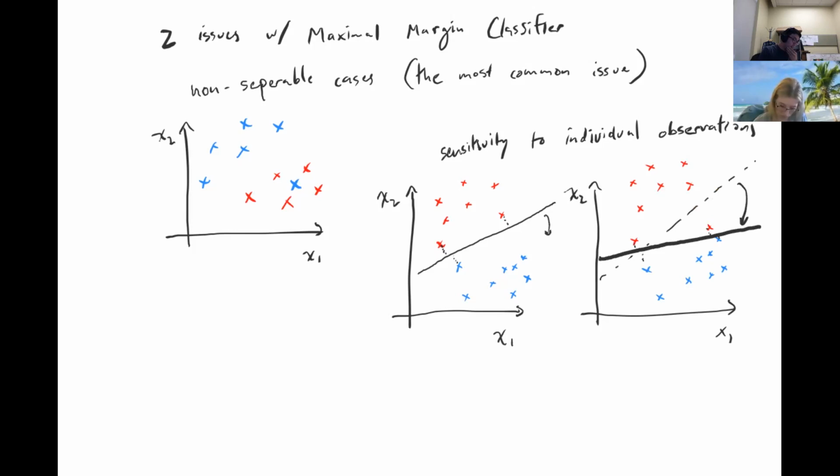And in this case, what you can see is that the boundary is really significantly affected by the introduction of individual observations. And that can be a sort of powerful downside to the maximal margin classifier because its sensitivity to individual points can really make a large difference in your predictive power.